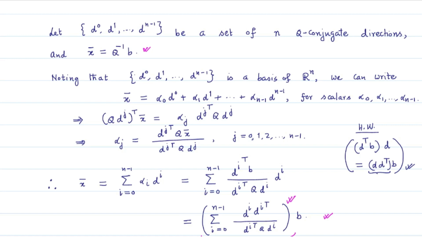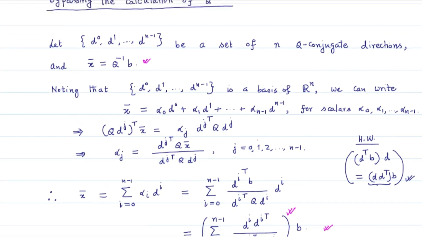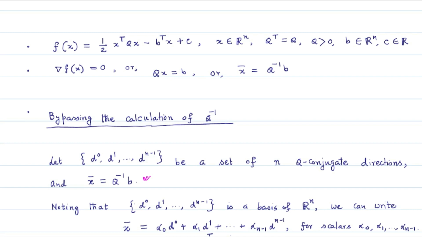You just need n many q conjugate directions, and with the help of any n many q conjugate directions, you can effectively identify the vector x bar, which is a minimizer of the quadratic function f(x) is equal to this entire expression. So now question comes, how to identify a set of n many q conjugate directions?